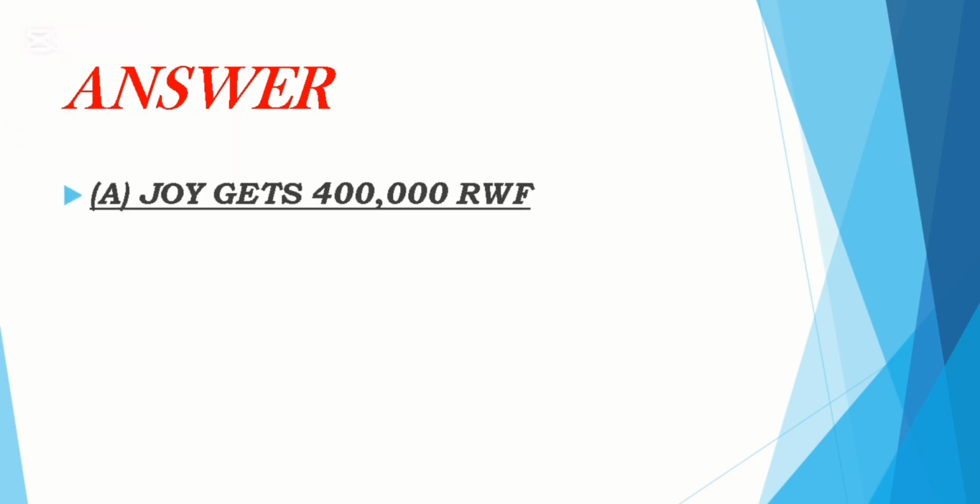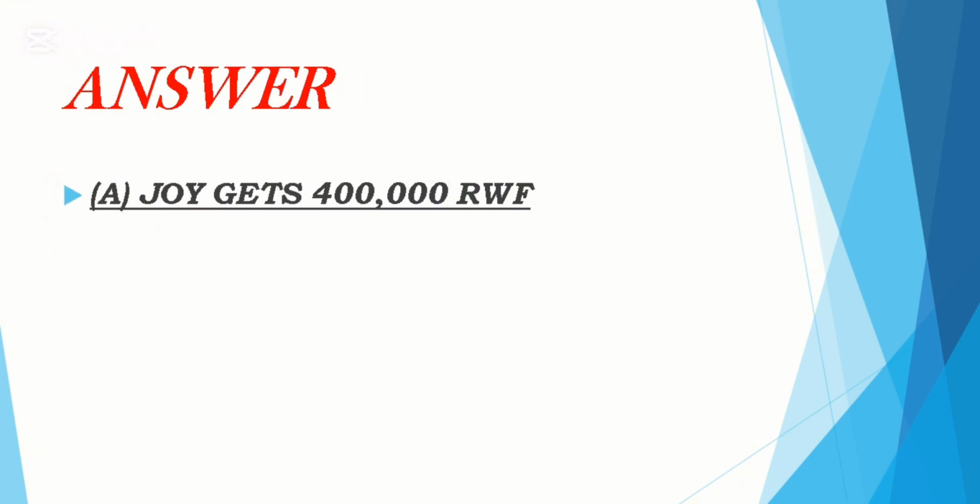Now the answer is below. Let us start with Joy, who gets 400,000. Remember, from the table above, someone who gets that amount of money is absolutely above 200,000. That is to say, Joy will be supposed to pay professional income tax by passing through 4 different steps. So let us see step number 1.